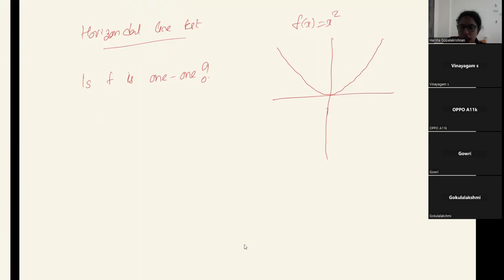Now, is this a 1-1 function? Okay. Let us say, what is the definition of a 1-to-1 function? Can anyone say?